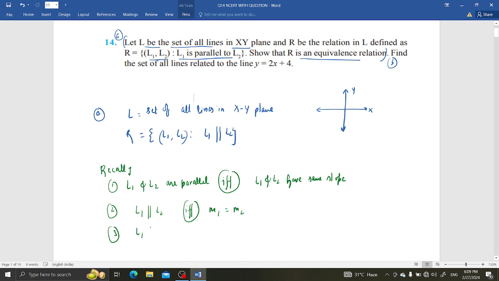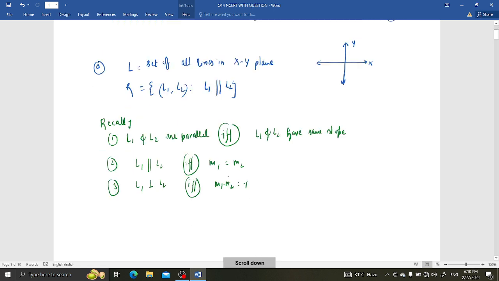And L1 is perpendicular to L2 if and only if M1 times M2 equals minus 1. These two things we have, but there is no use of this one. We need to use only this thing.